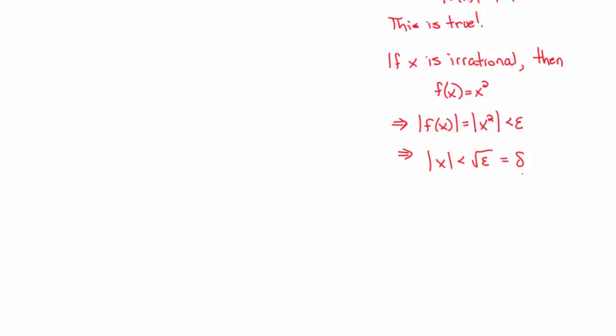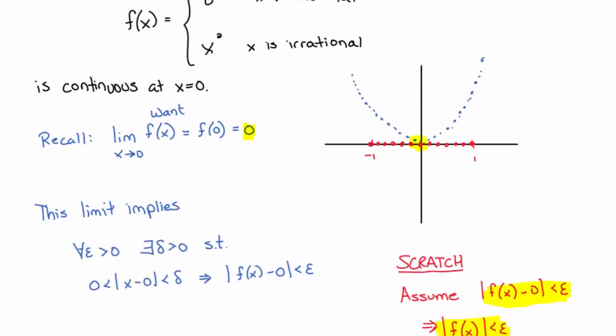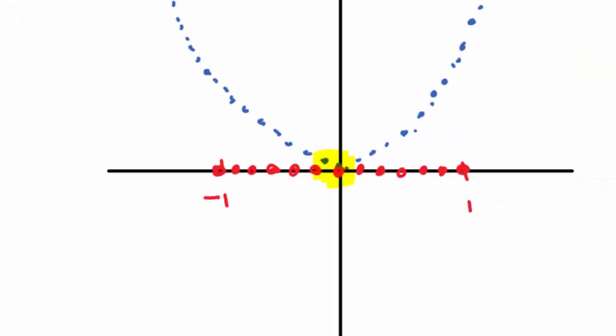So visually, let me go ahead and zoom in a little bit. Visually, this means that I have found a delta neighborhood. So this is 0 plus delta there, and here's 0 minus delta, such that as long as I let delta equal the square root of epsilon, all the x values in that highlighted delta neighborhood will lead to y values within the given epsilon neighborhood.